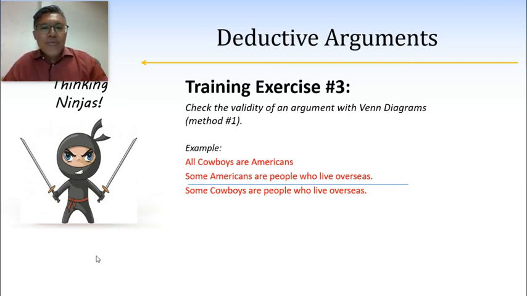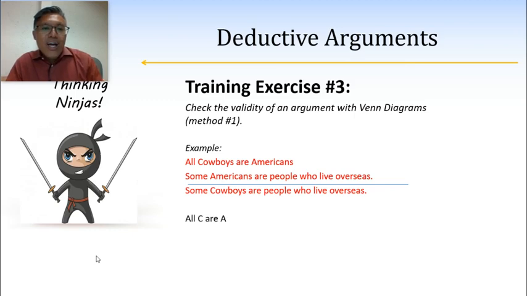Now remember, the whole point of changing the claims into our standard form categorical claim is to simplify it. So I suggest simplifying these claims even further. Get rid of the words because the words can be confusing, can get in the way of how we think about the logic. Instead, you might want to replace all terms, right, the words, with a letter or two to make it more like a math problem.